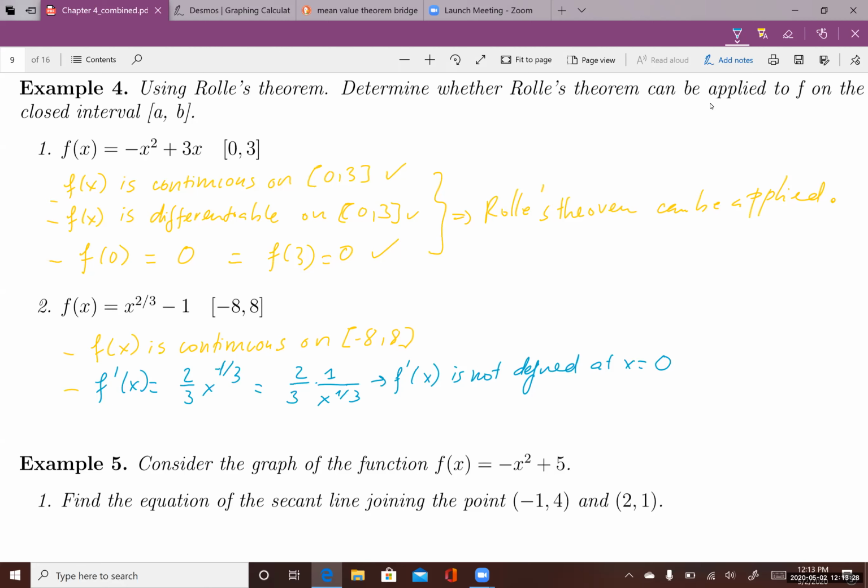So that means f of x is not differentiable at x equals 0, and x equals 0 is in this interval. So this second condition is not satisfied. So if one of the conditions is violated, we can conclude that Rolle's theorem cannot be applied to this function on this particular interval.